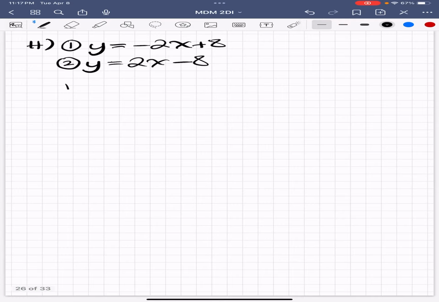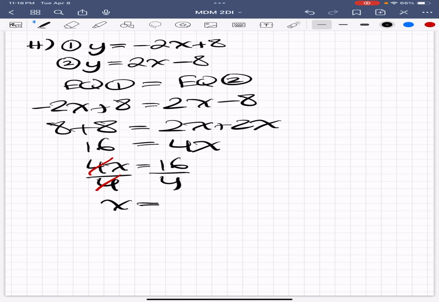So we have 4x equals 16, divided by 4 on both sides. Because it is common, they cancel out. And then 16 divided by 4 is 4. And then that's our x coordinate of the POI.